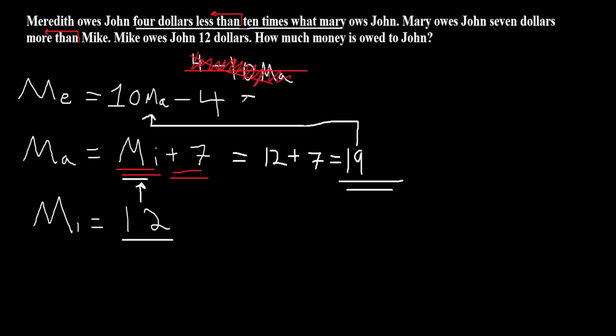Which means we can plug in. So we have 10 times 19 minus 4. That equals 190 minus 4, which is 186. So Meredith alone owes John $186.